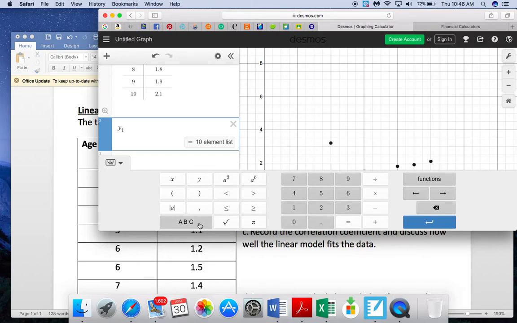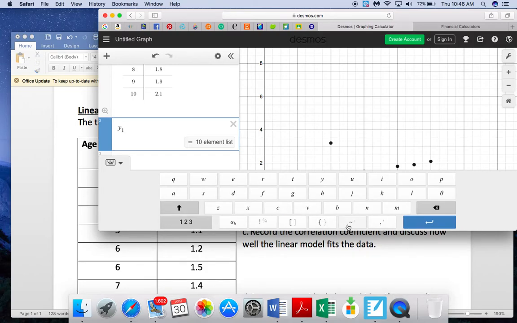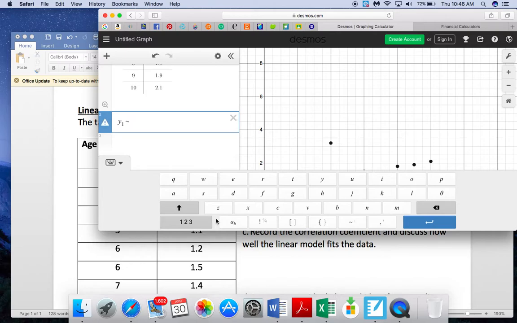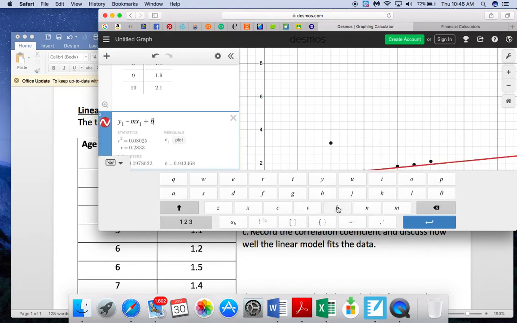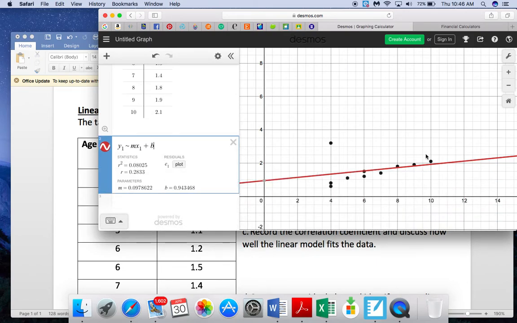It knows, okay? And then you need the tilde symbol from your keyboard and m, and then x1 plus b. Okay, and then you'll see the line of best fit comes up on your graph.